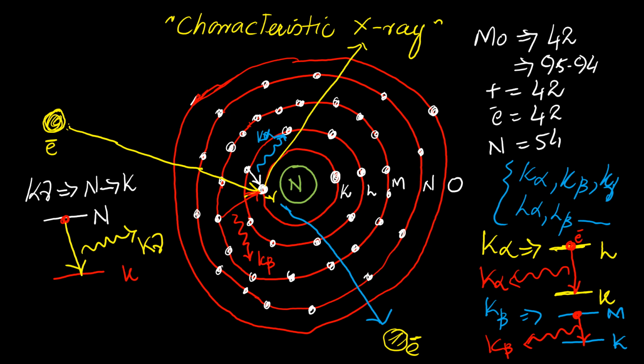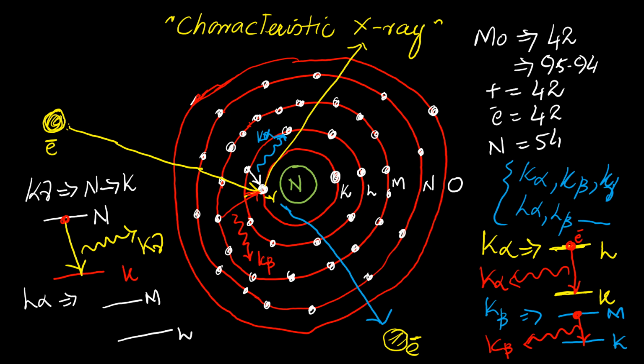Similarly, dear student, L alpha characteristic X-rays are produced. In L alpha characteristic X-rays, an electron from the M shell jumps into the L shell.